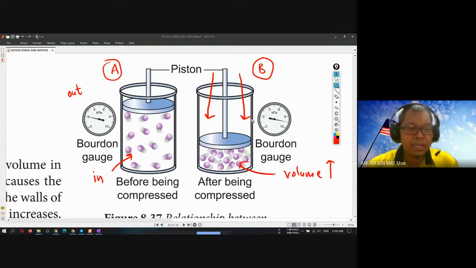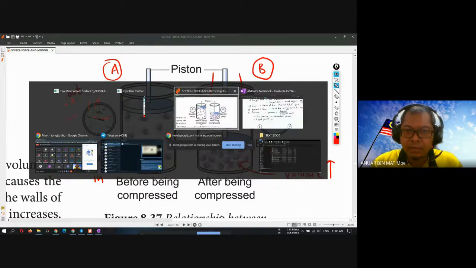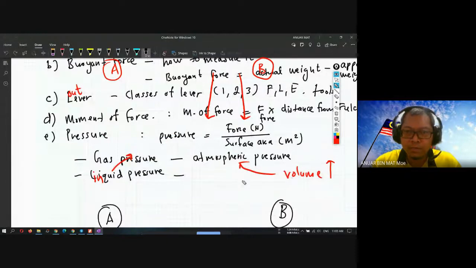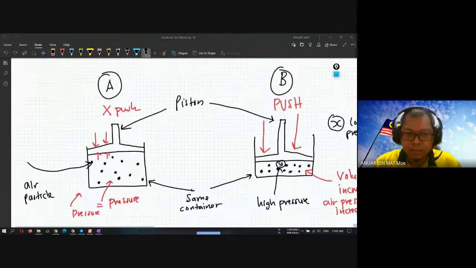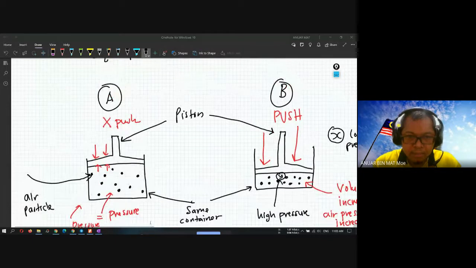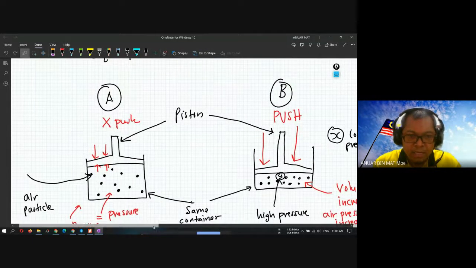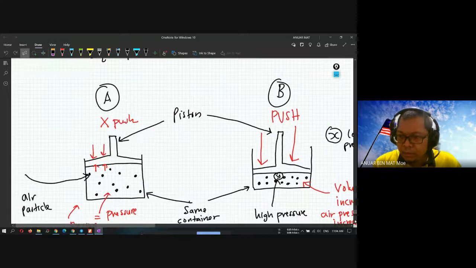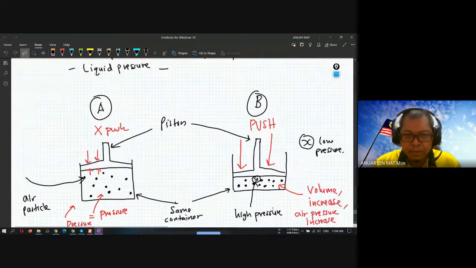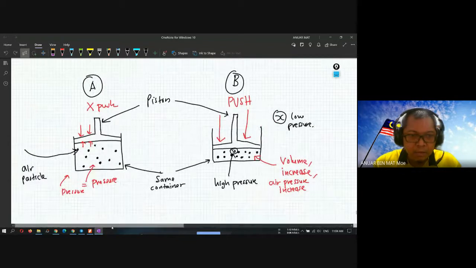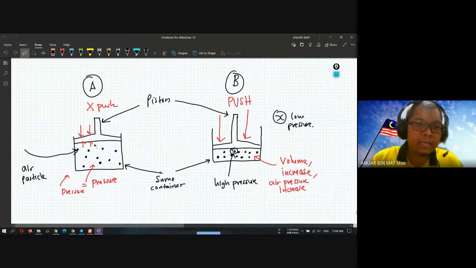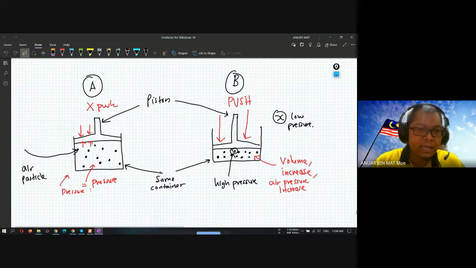What happened if, for example, like this? I just draw another picture over here. Okay, so you remember this, right? Picture A and picture B. Let me zoom it a bit. Picture A, when we do not push the piston, the pressure inside and the pressure outside is equal.